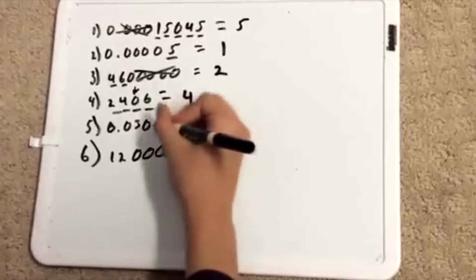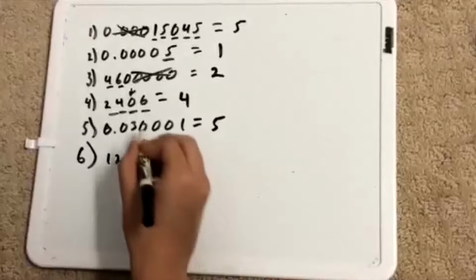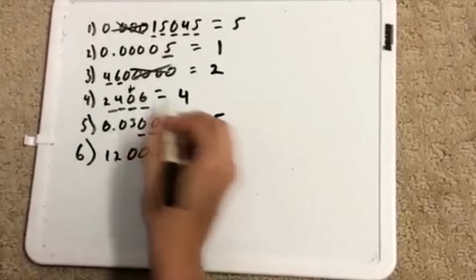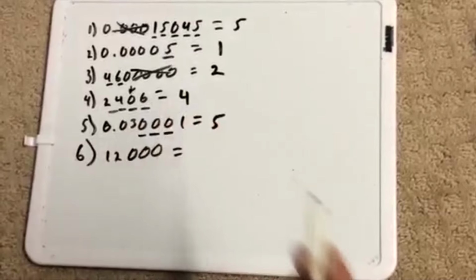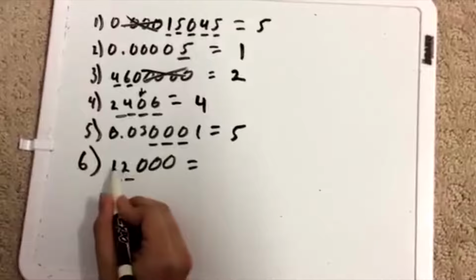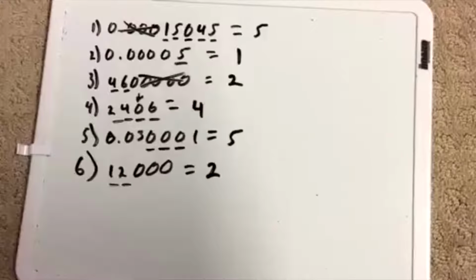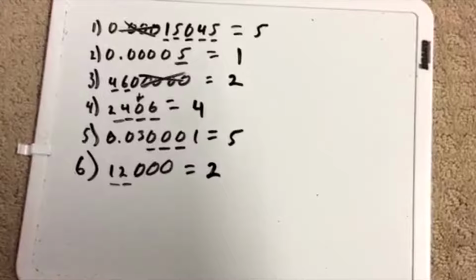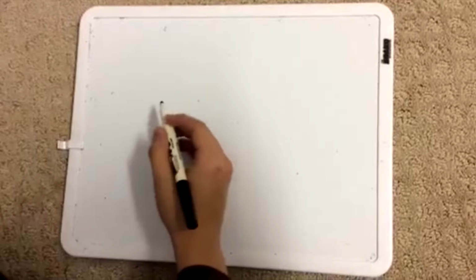For number 5, there would be 5 significant numbers, including these zeros right here, just as the number 4 we did previously. For number 6, there will only be 2 significant numbers, 1 and 2. Now, did you guys get the same correct answer as I did?